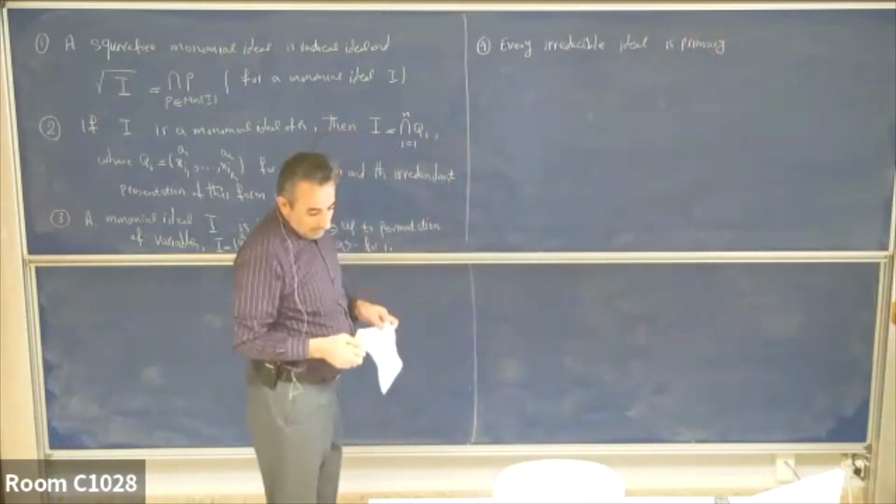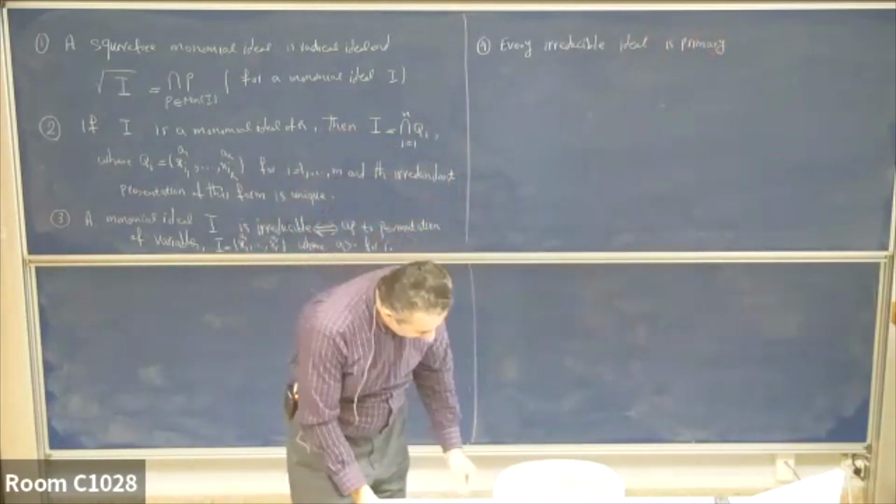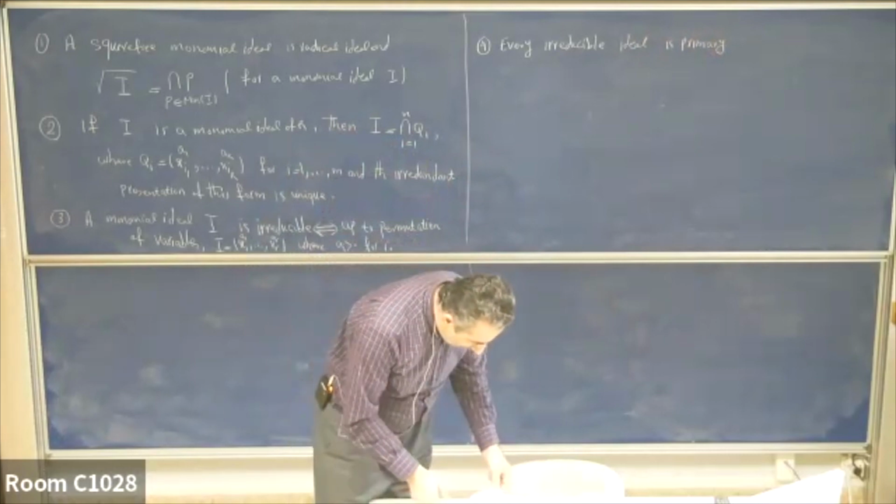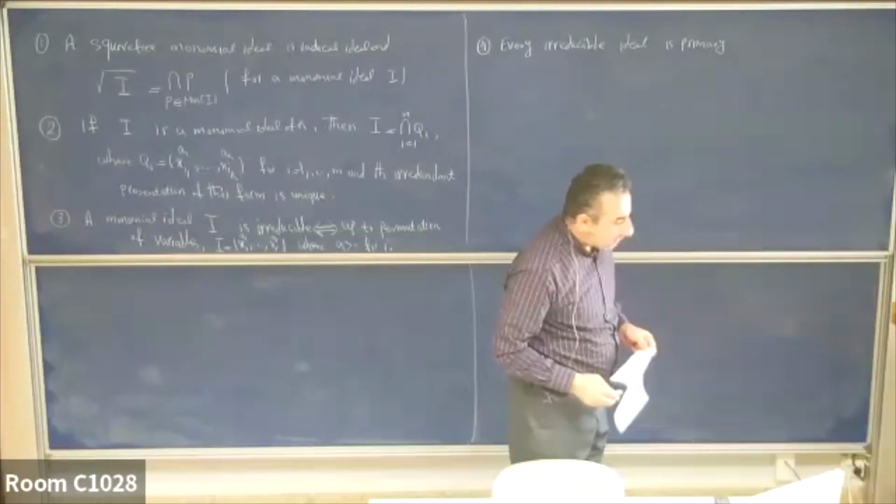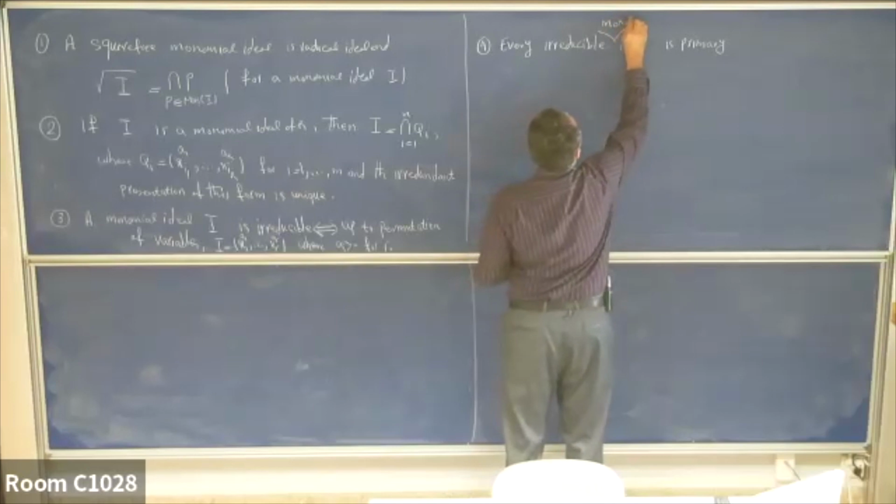This is the final theorem we proved yesterday. Professor Mafi, when you say every irreducible ideal is primary, do you mean every irreducible monomial ideal is primary? Yes, every irreducible monomial ideal. Okay, thank you.